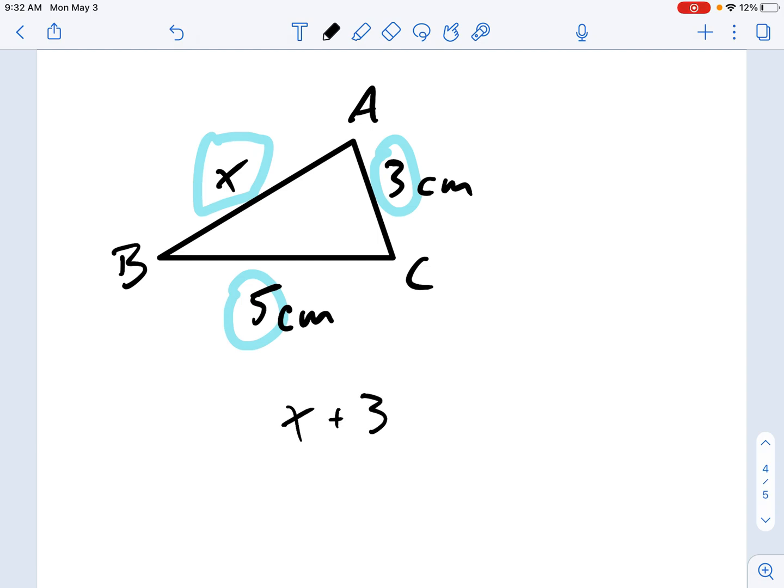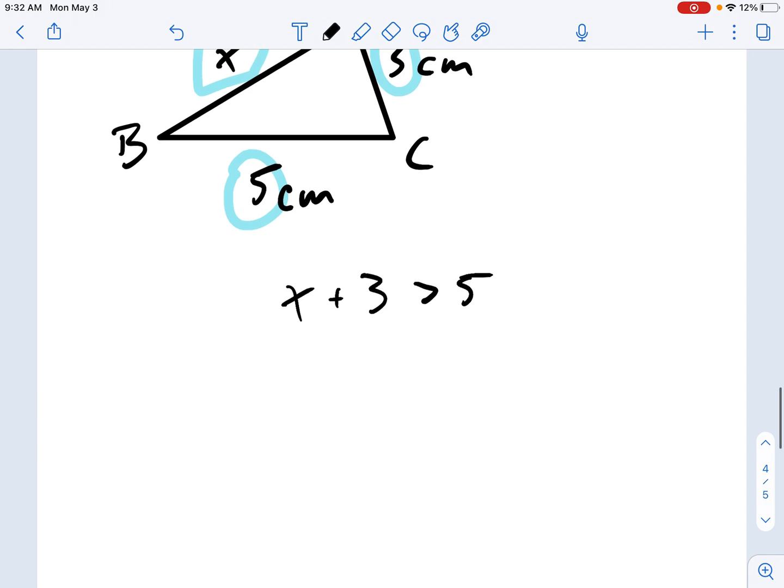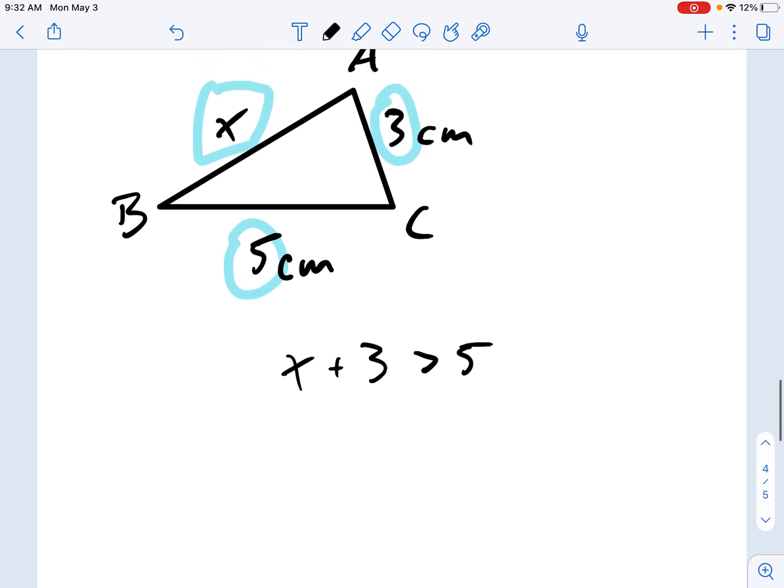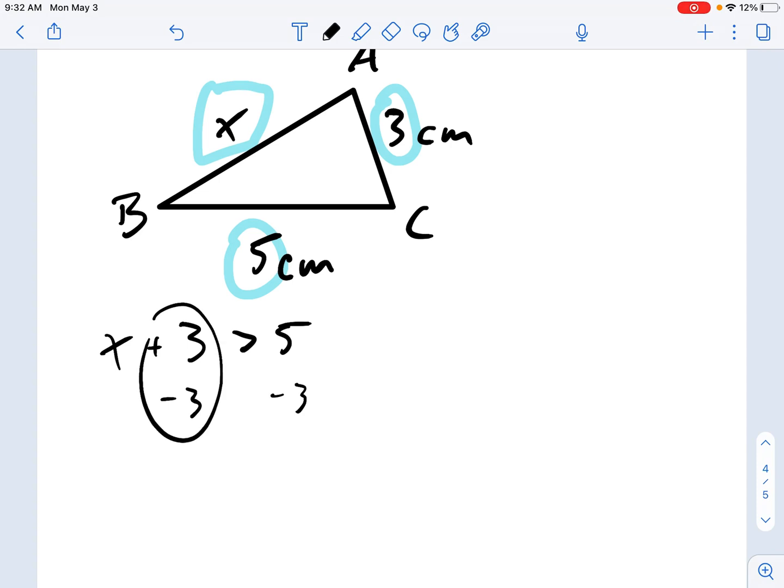And so we know that something plus 3 must be greater than 5, okay? So here it's just solving the inequality, like the equation that you already know how to do. How do you undo plus 3? You minus 3, right? So these cancel out. So we have x must be greater than 2. Okay, so x has to be bigger than 2.